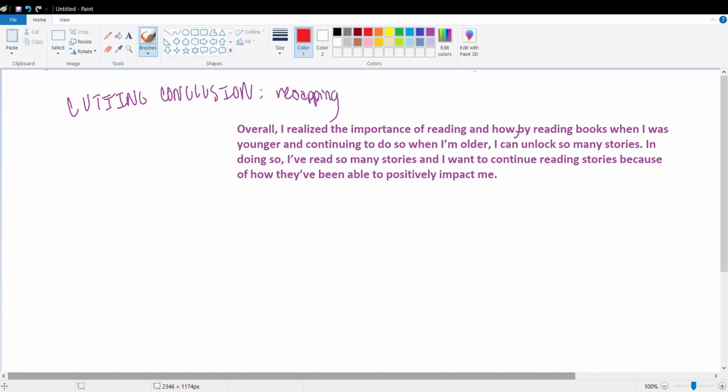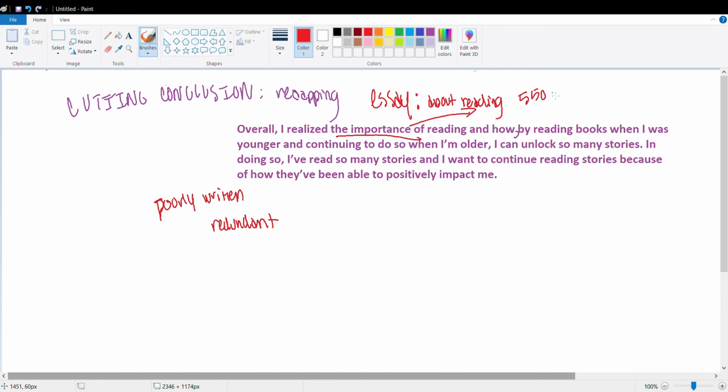Outside of the fact that it's a little bit poorly written, because I use stories a lot, it's also redundant because we recap a lot of stuff, even though I haven't written this essay and we don't know what the essay is totally about. We can just assume it's about reading. And given that it's about reading, we already know the importance that reading has because you already wrote 550 words about that.